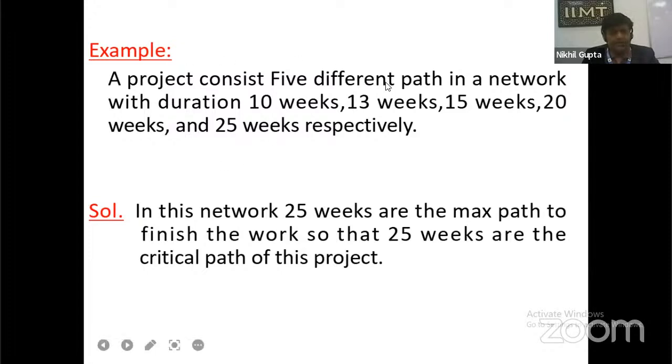In this project, 25 weeks is the longest duration of completion time, which means 25 weeks is the maximum path to finish the work, so 25 weeks is the critical path. That means the path which takes the longest duration is known as the critical path.